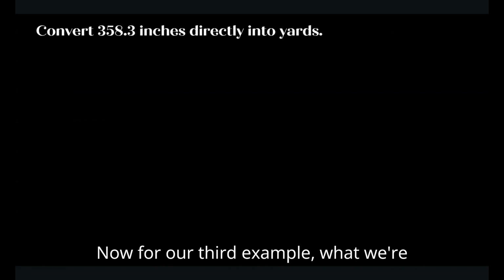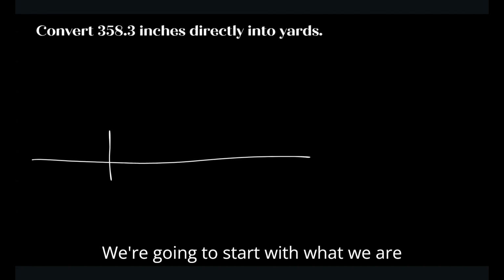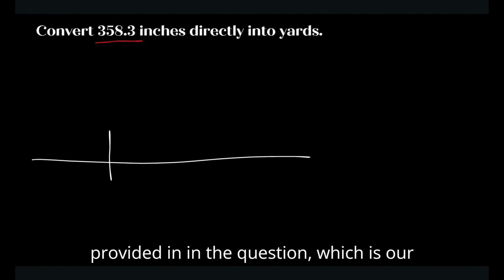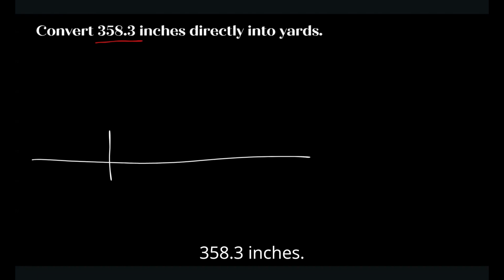Now, for our third example, what we're going to do is convert our 358.3 inches directly into yards. So we're going to have our normal setup. We are going to start with what we are provided in the question, which is our 358.3 inches.